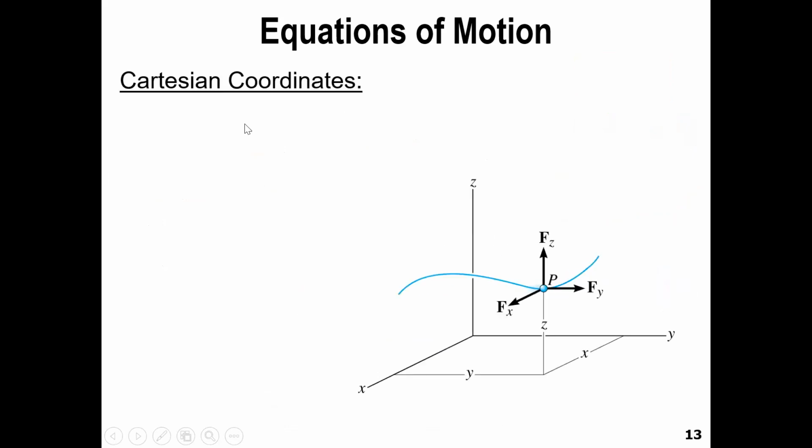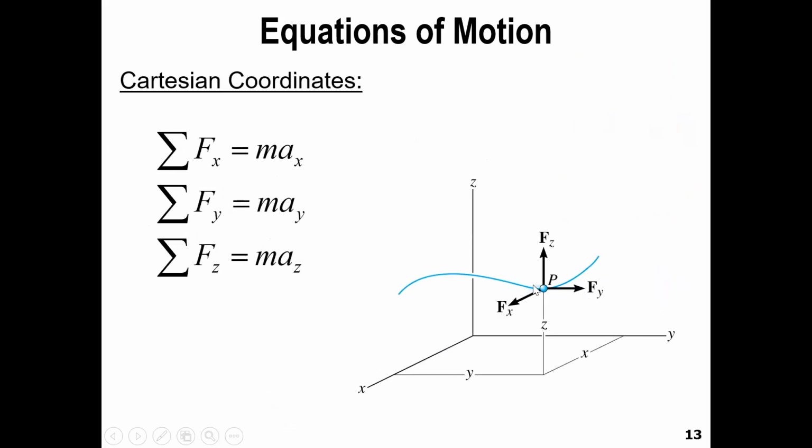Now we're going to go with the first coordinate system. As you see, the summation of forces could be in any general direction, right? Now, if it's in any general direction, when you use Cartesian coordinate system, you divide them into X and Y and Z, and same for acceleration.